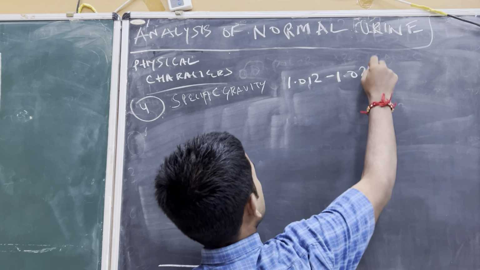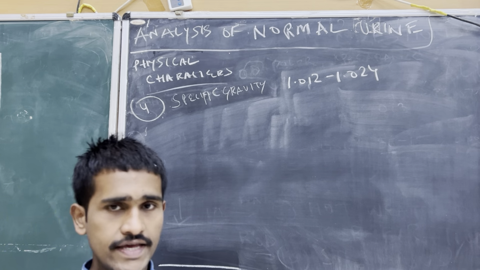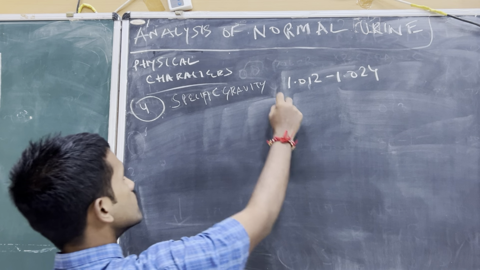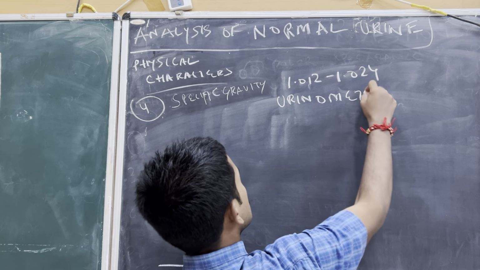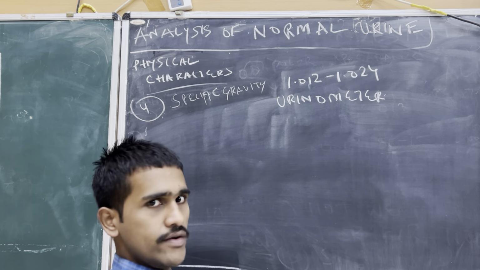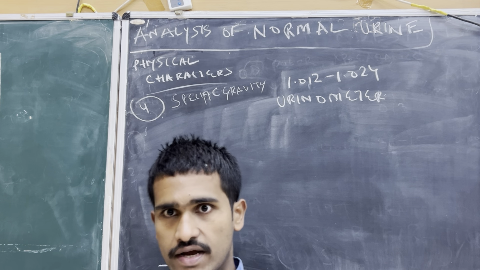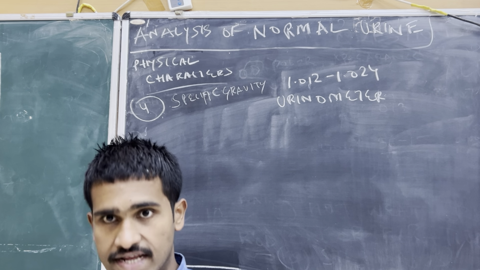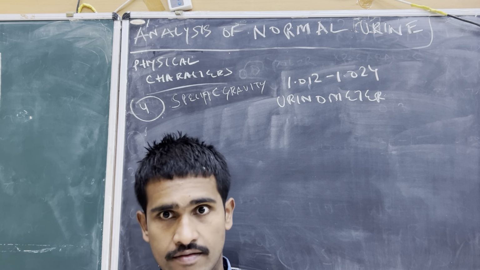Specific gravity of normal urine is 1.012 to 1.024. Specific gravity is calculated using a urinometer. The urinometer is dipped into the glass container which contains the urine, and we observe the lower meniscus.